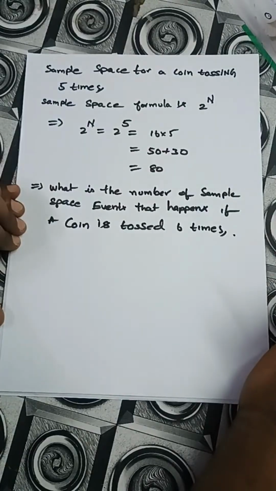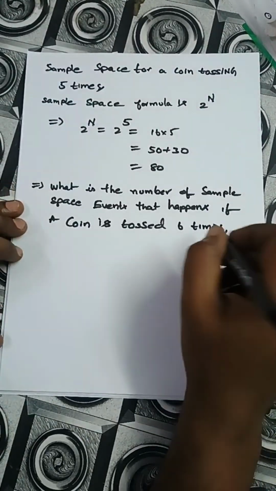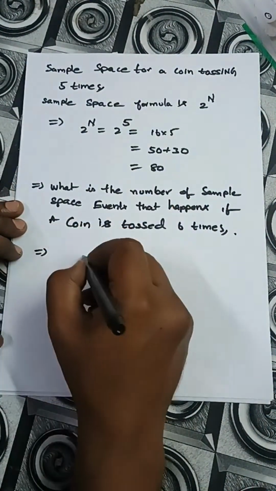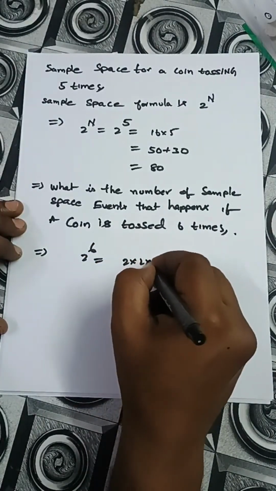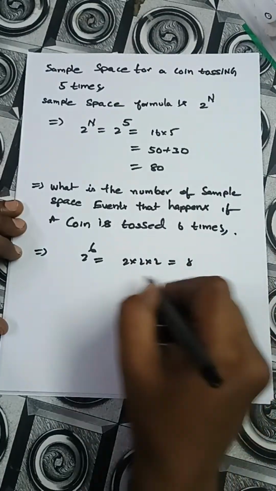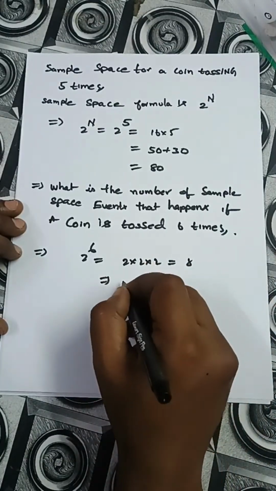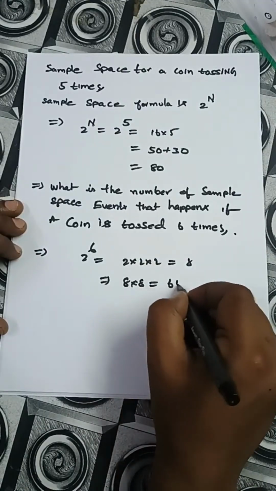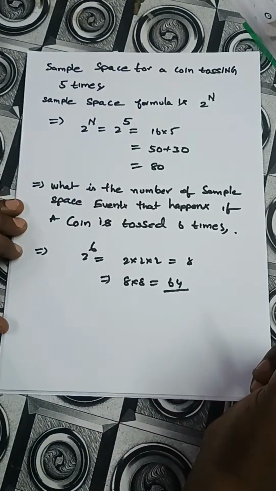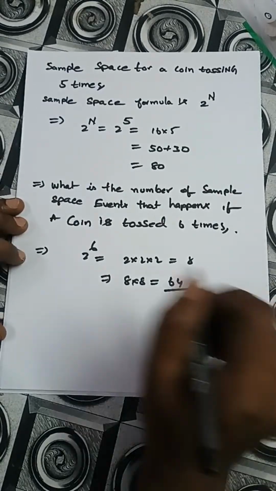Okay, what is the sample space if a coin is tossed 6 times? Simple answer is 2 power 6. So 2 into 2 into 2, that is 8, and one more you will get, that is 8 into 8, that is 64. So 64 is the total sample space.